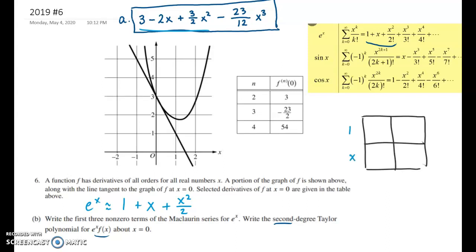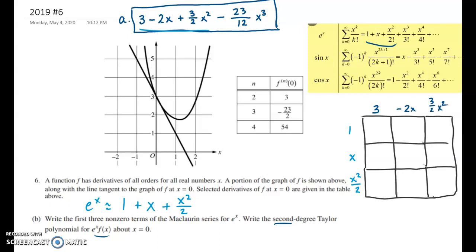I need a second degree, so I think I need this x squared term as well. So I'm going to have 3 terms here, 3 terms here, and then x squared over 2. And then my other polynomial is going to be 3 minus 2x, and then 3 halves x squared.